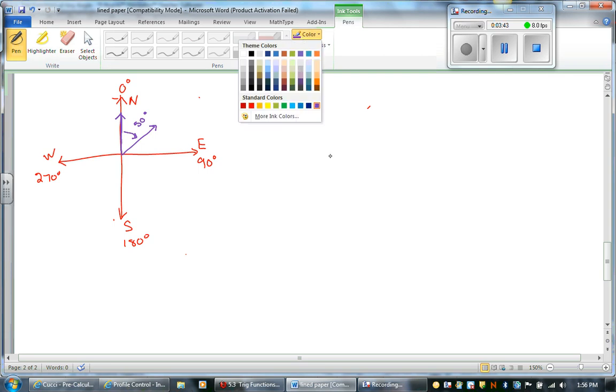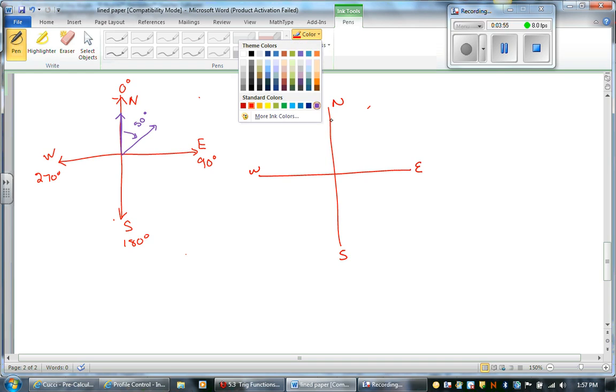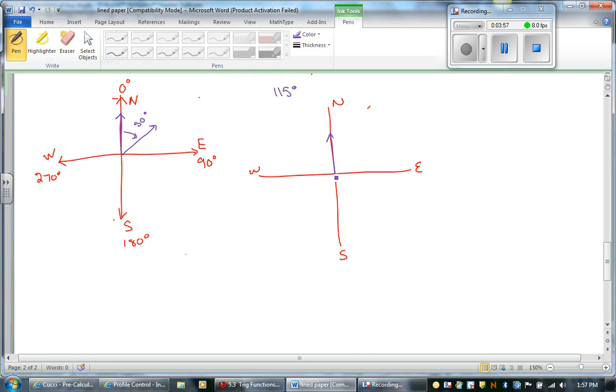Again, we've got north, east, south, and west. Here's 0, here's 90, here's 180. So 115 may be about here. The rotation diagrams are shown the same way, but you're remembering that your rotations are going clockwise from the north.